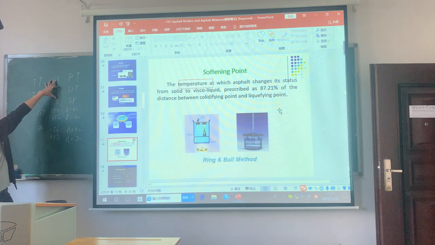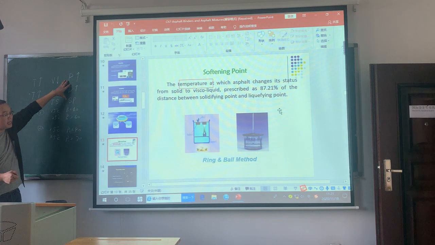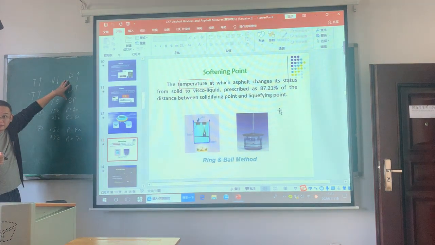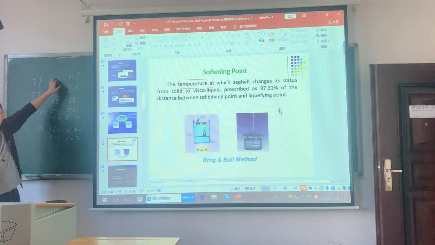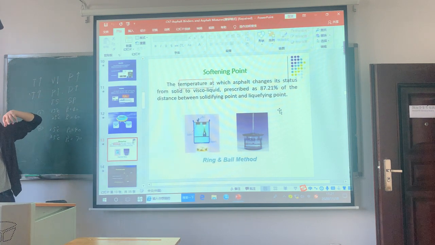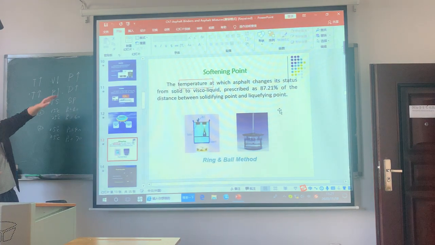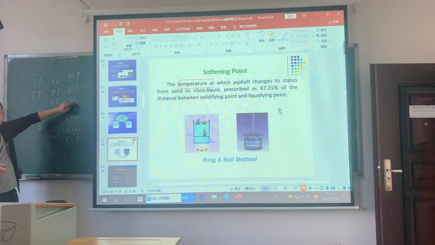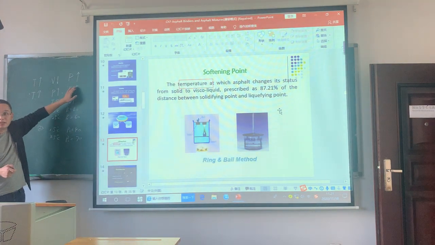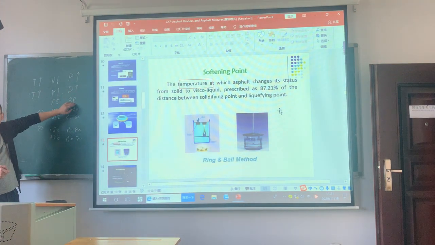And these are the three indexes for evaluation of these three properties. So if I ask you what are the most important indexes of asphalt, these three are the answer: the penetration, ductility, and soft point.